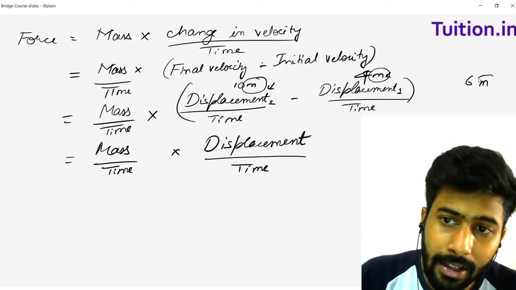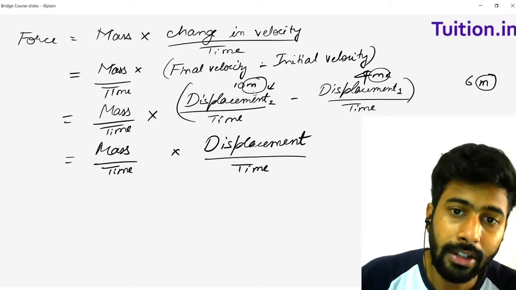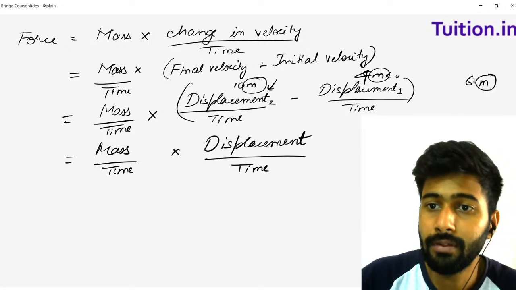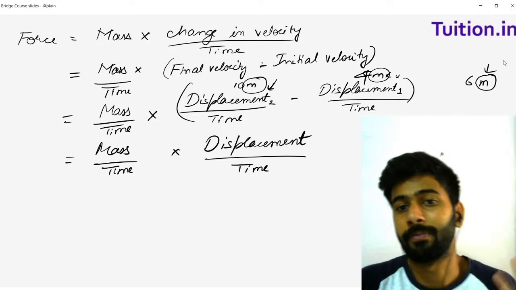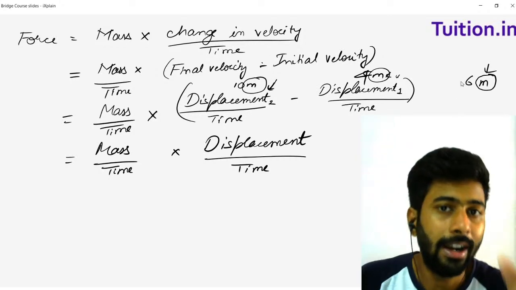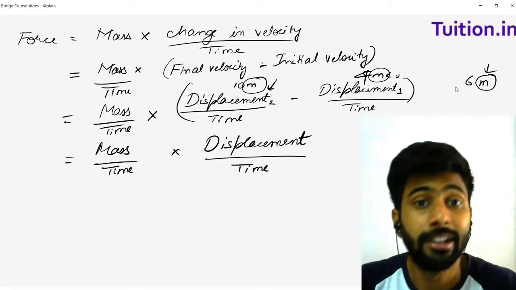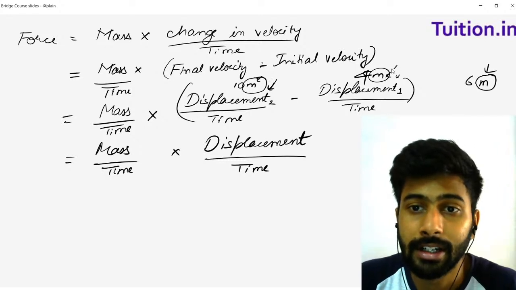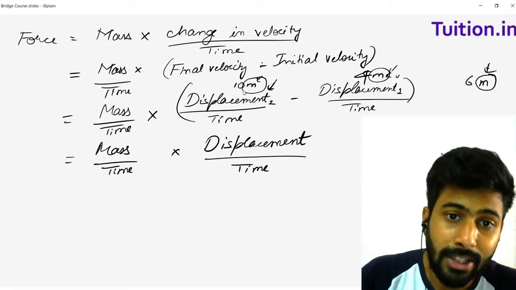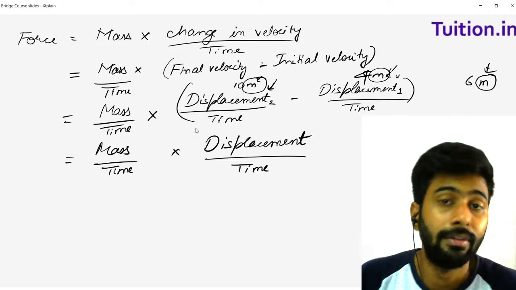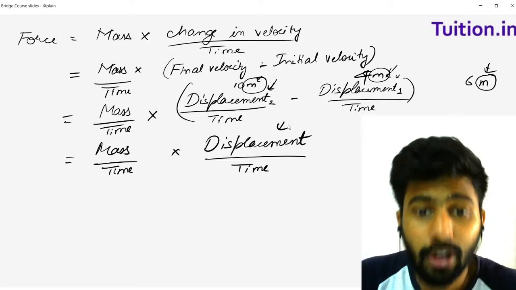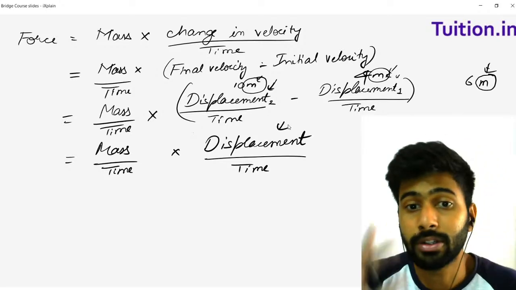Ultimately, the difference of displacement 2 and displacement 1 will also have meter as its dimension. So this meter does not change. It is still the same. That's why when you subtract them, the dimension of the subtracted quantity is also going to be displacement only.